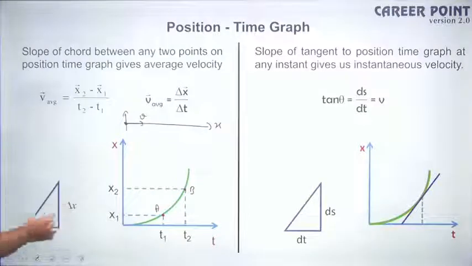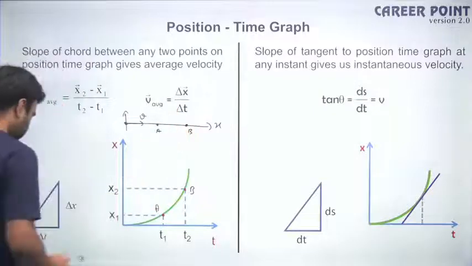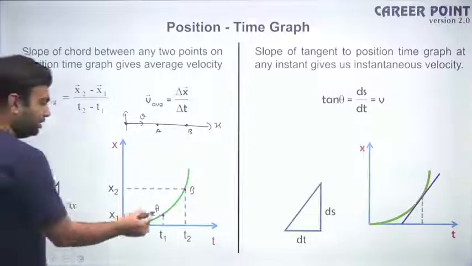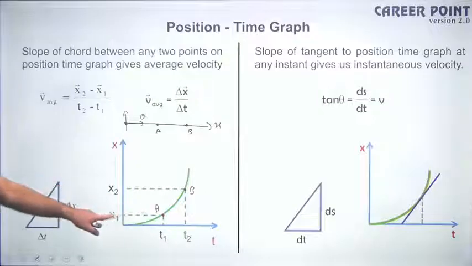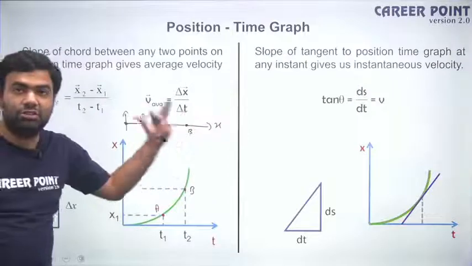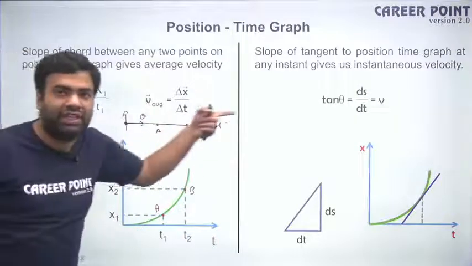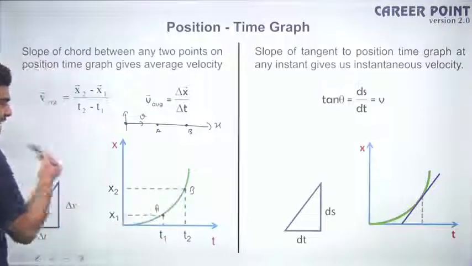So suppose we are having 2 points A and B. At point A, the time was t1 and the x coordinate was x1. These all are cases of motion in one dimension, that means along only one axis. At time t2, suppose the coordinate is x2.